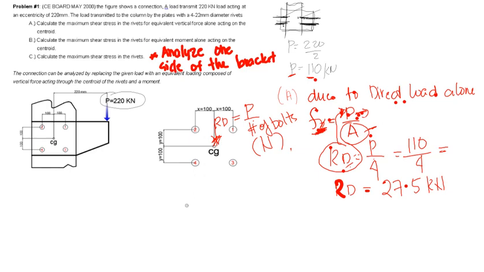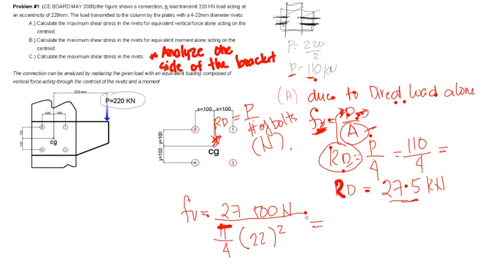So, our fP is 27,500 newton, we divide it by the area of one bolt, because this is the load of one bolt. So, the area of one bolt is pi over 4 times our diameter, which is 22, squared.